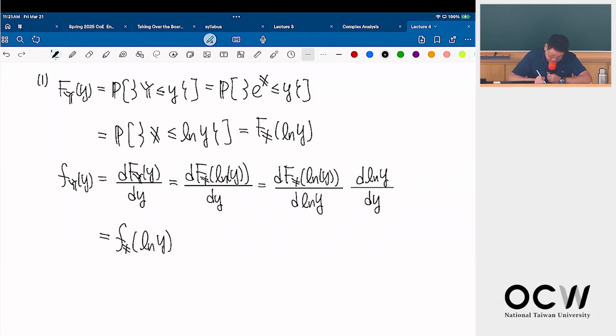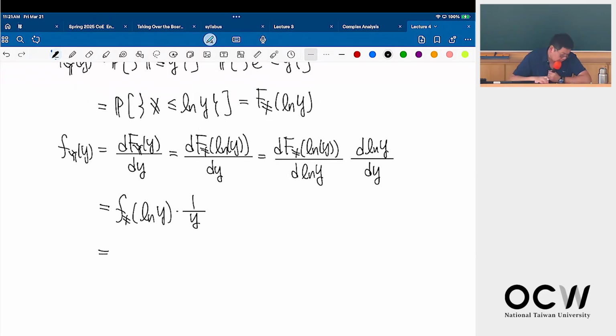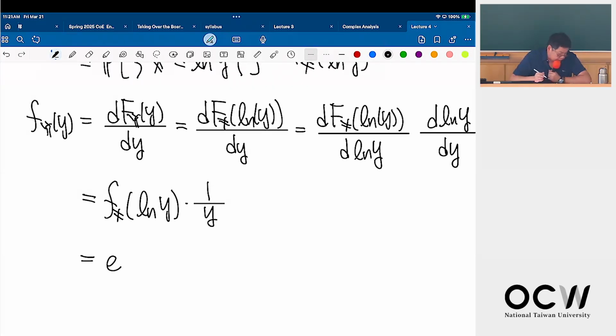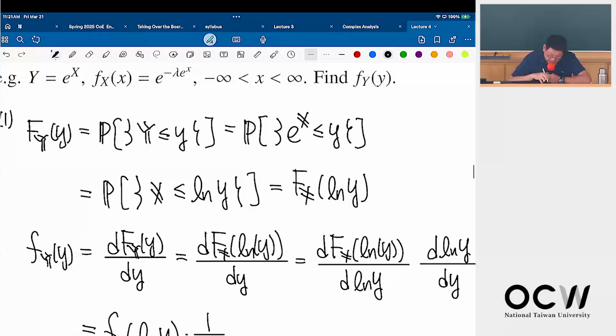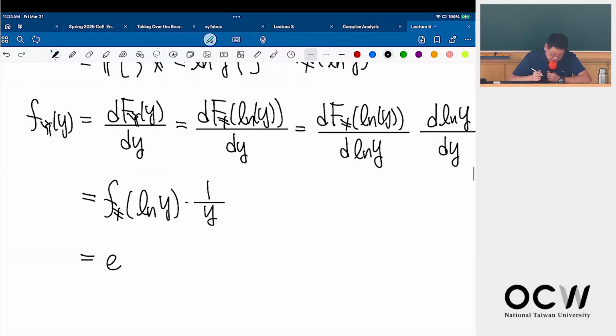Second term, you get 1 over y. So we know that our PDF of x is an exponential distribution. So here we have e to the minus lambda y times 1 over y. And then the indicator function, because y is from 0 to infinity.